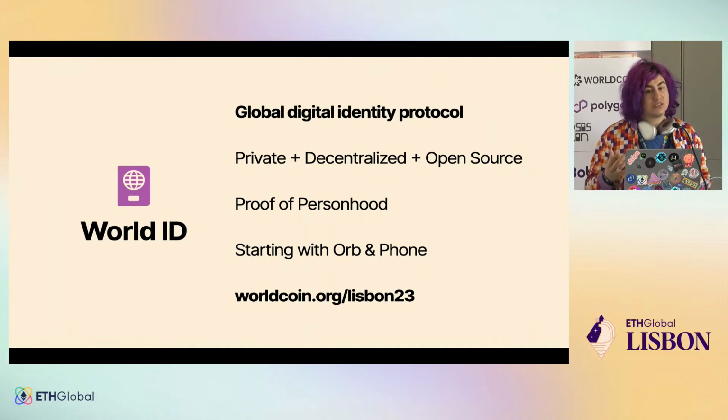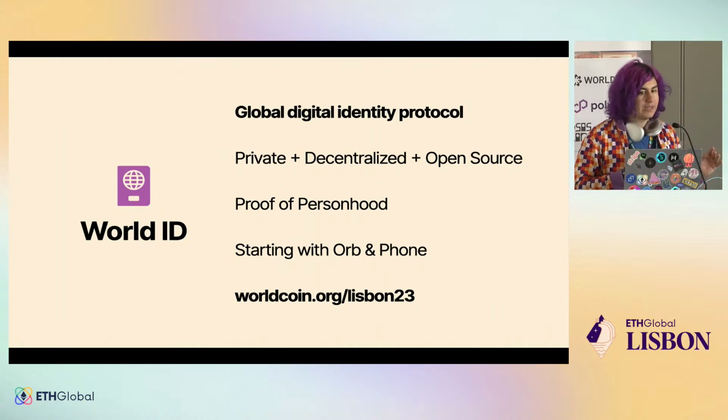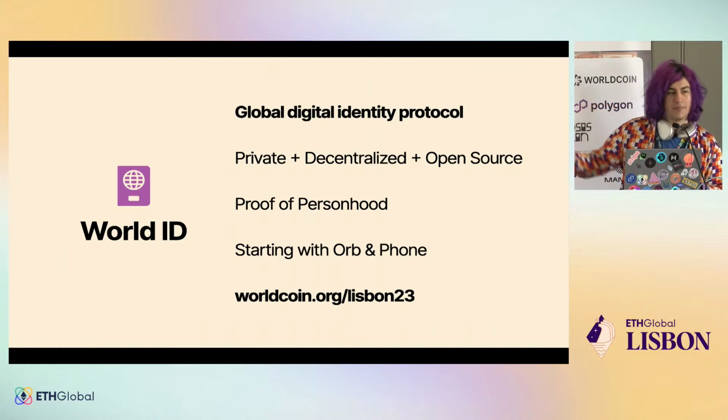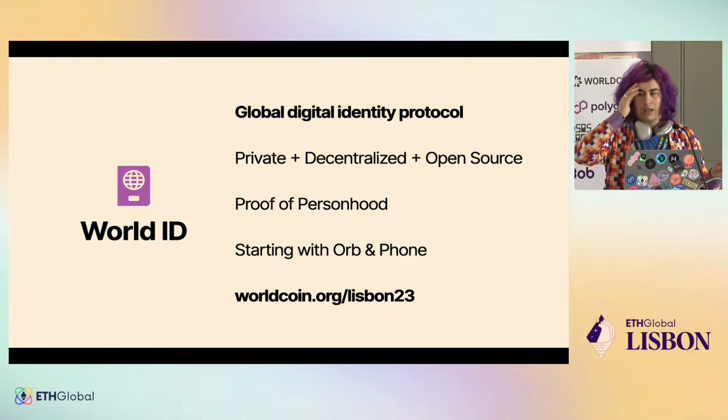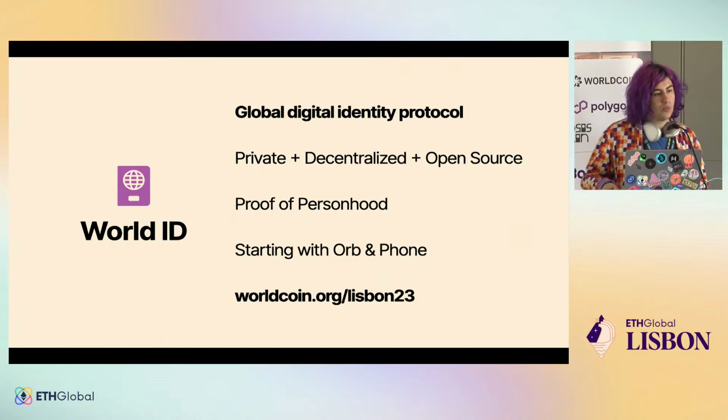Thanks to it being anonymous, that means that if you have multiple wallets or even multiple entities, if you have an anon on Twitter, you would be able to use your World ID for some things that they want to do, like maybe voting on proposals, and then for some other things from your entity without being able to dox yourself. So again, the way that it works is it's a separate key. You use that to generate zero-knowledge proofs. That is already handled for you from the app and integrated with IDKit, but it is not tied to any wallet, and that makes it so that you can use it with any wallet.